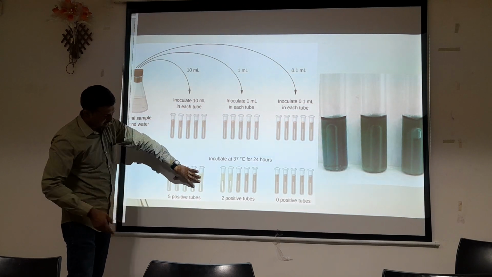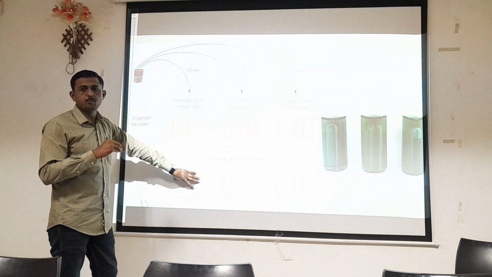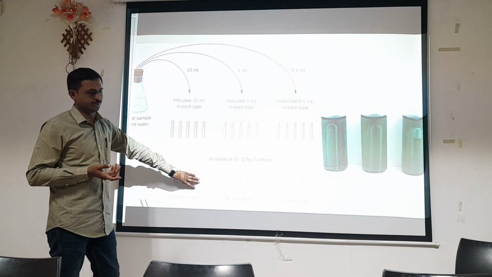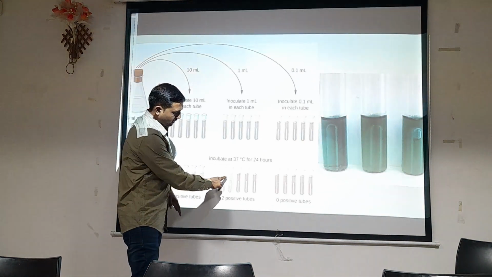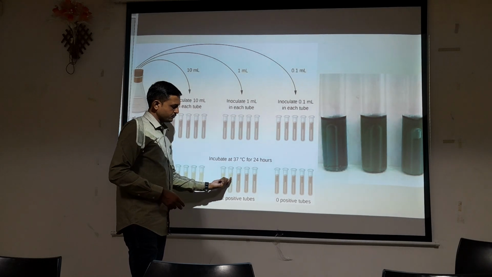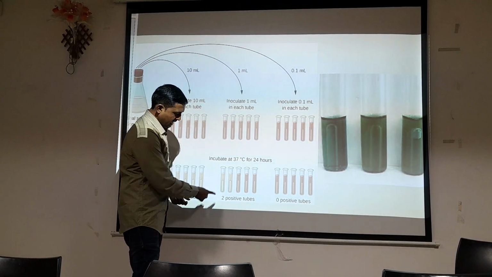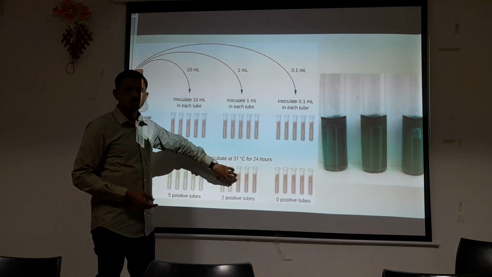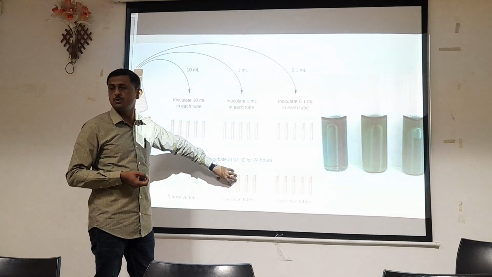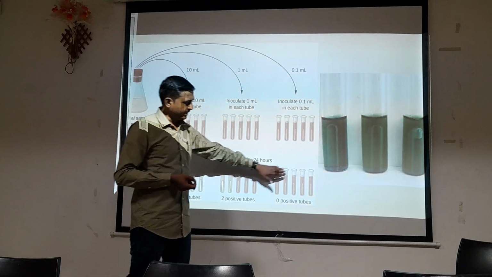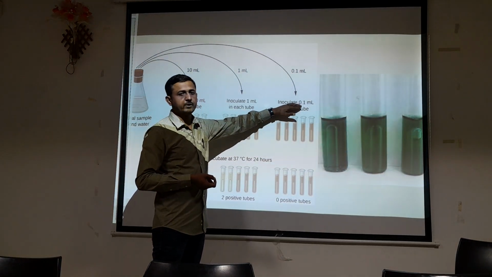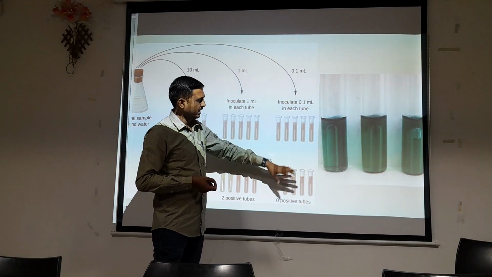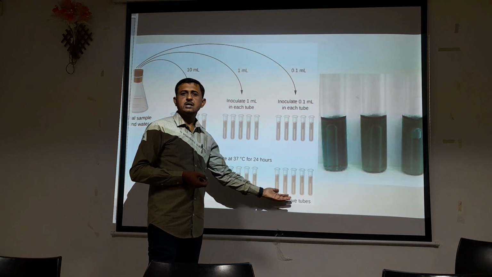That means all these 5 tubes give 5 presumptive test positives. In another case, only these 2 tubes show yellow color, that is acid formation, and gas in the Durham tube, so they are considered positive for the presumptive test. And in the third concentration, where you inoculated 0.1 ml of water sample, the results are probably negative.